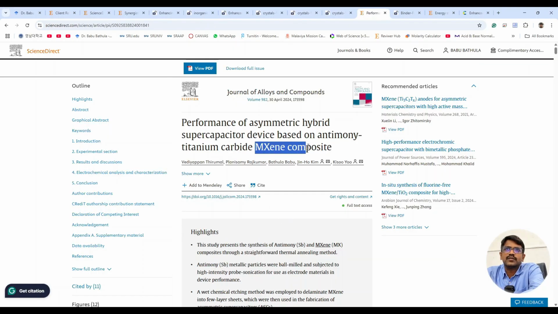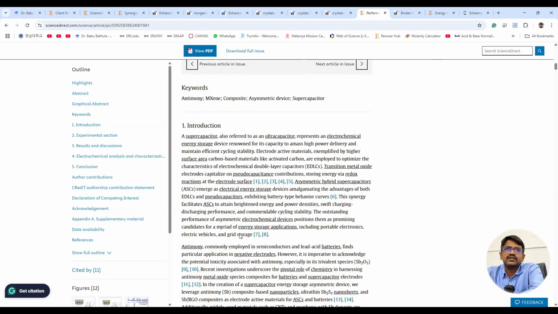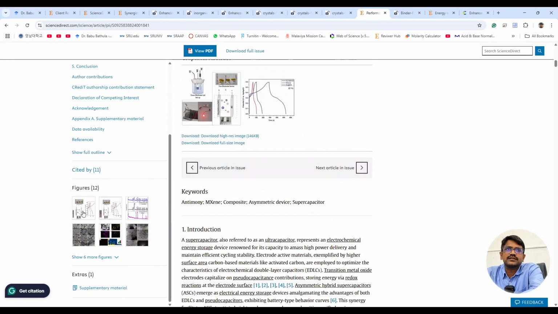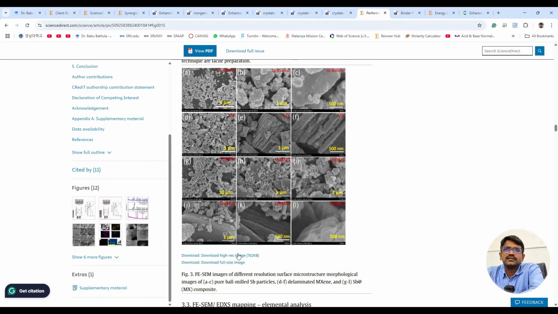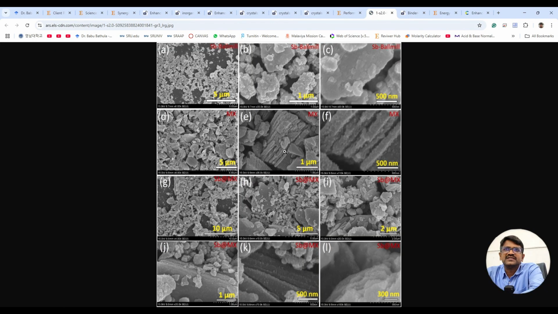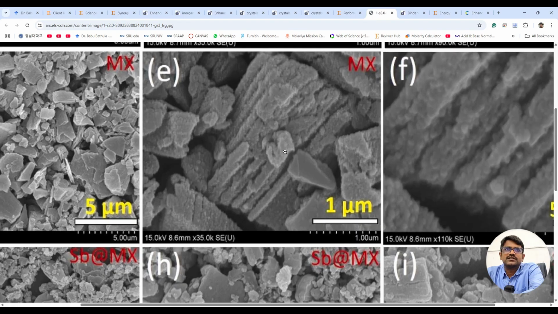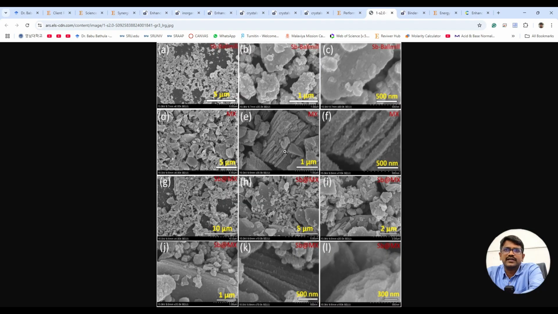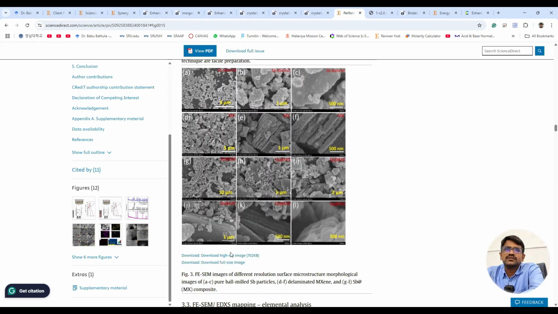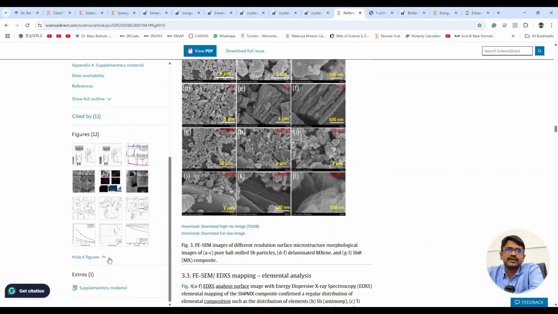Next we will see another material, this is MXene. We will see MXene nanosheets. It's a 2D structured material. Here also we can see the supercapacitor performance.